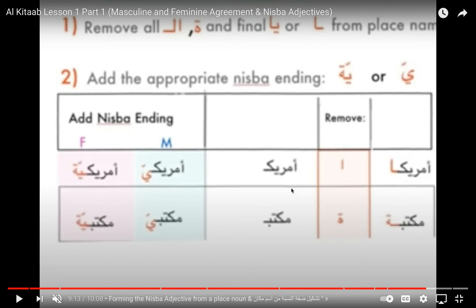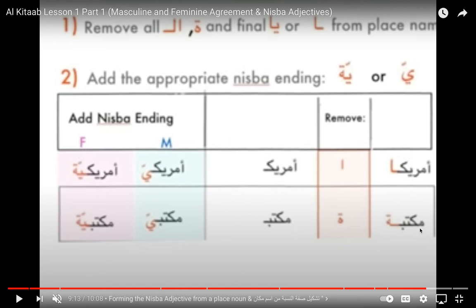So I won't say Amerikai, no, because this ends with the alif. I will take the alif and I will just add the ya with the shadda for male, and I add the ta marbuta to be a female.